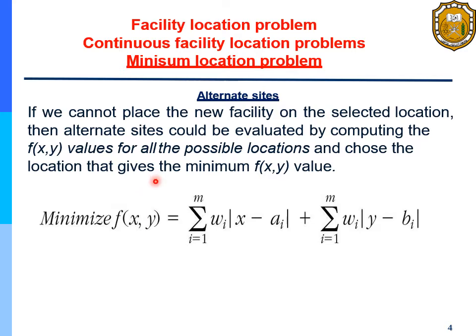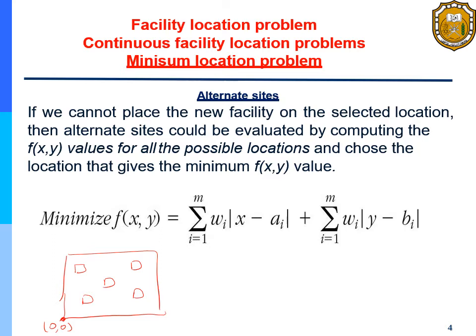But sometimes we cannot place the new facility in the selected location, because in our model we haven't written any other restriction, any other constraint. So consider such a case. Assume this is our facility, okay, this is our building, and this is coordinate 0, 0. And inside this facility we have existing machines, or existing facilities, we call them, right?